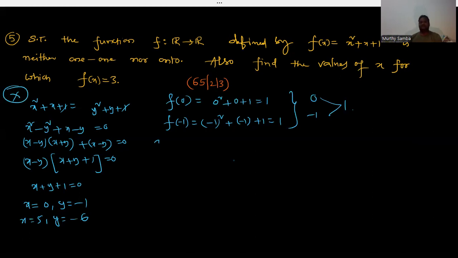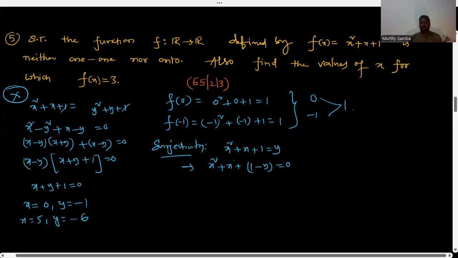And coming to surjectivity, checking for surjectivity. When you check for surjectivity, range should be equal to codomain. Range is nothing but, when you are finding the range, x square plus x plus 1 is equal to y, then it is going to be x square plus x plus 1 minus y is equal to 0, right?